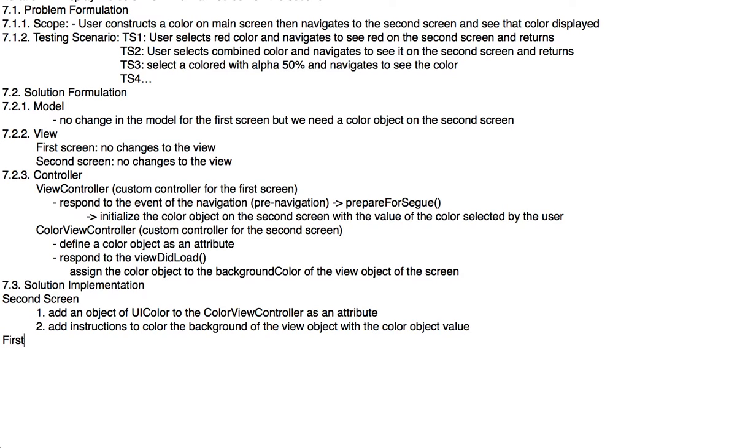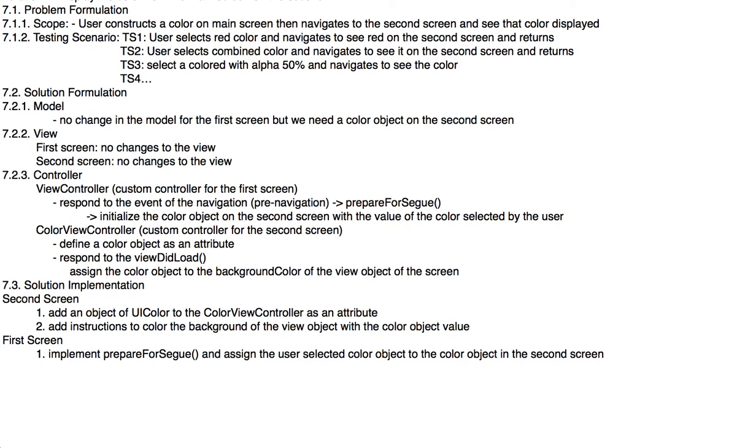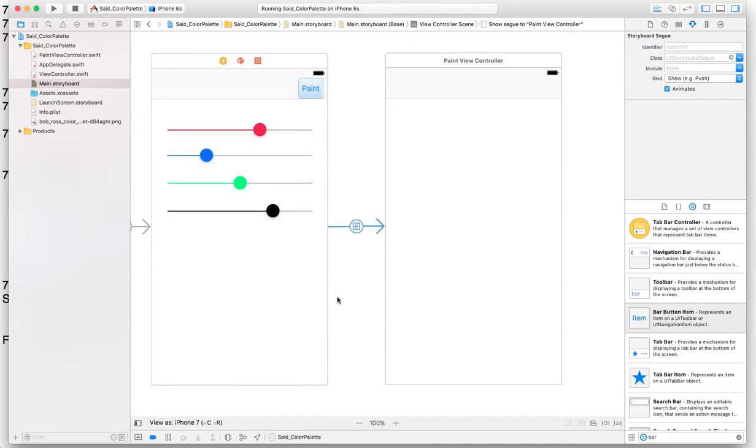We're not going to initialize it in the second screen, but in the first screen, I need to implement the prepare for segue function to assign the user selected color object to the color object in the second screen. All right. So that's what we need to do, and that should get it done. So let's move on to our code and see how we can do that.